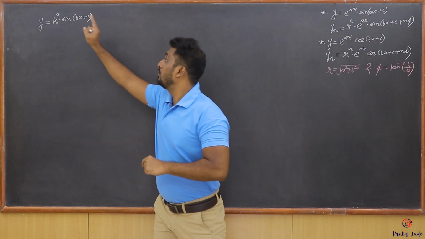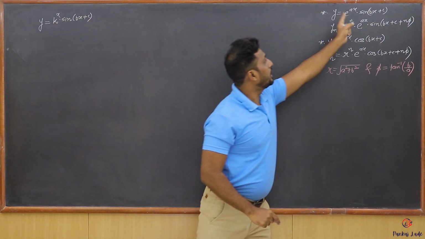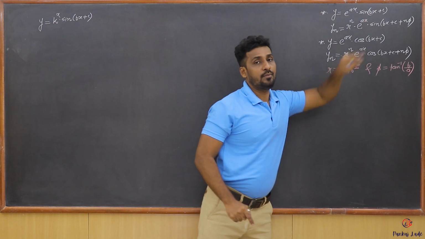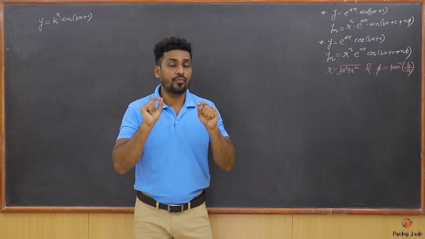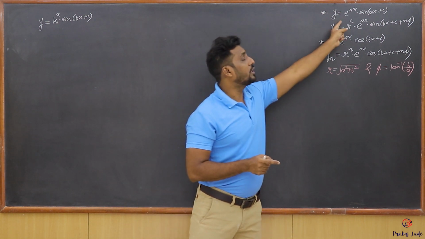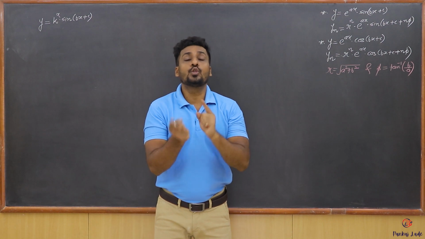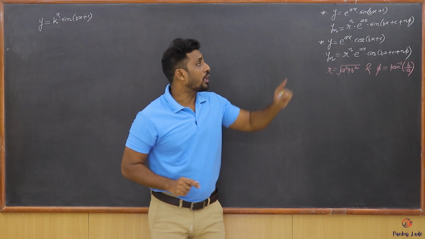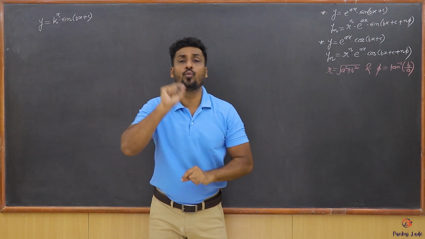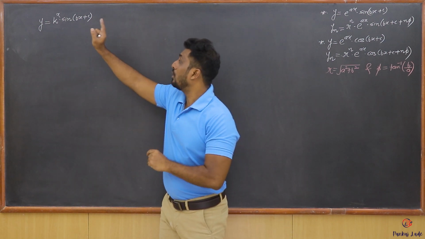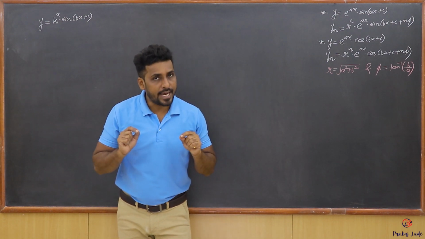Once I transform this function k raised to x into sin bx plus c into this function e raised to ax into sin bx plus c, the derivation will be exactly similar to what we have learned previously for this one. It is going to be exact same. At the end, you will just do some replacements. So whatever derivation you have learned for this one, you have to exactly copy word to word for this function as well. Y is equal to k raised to x into sin bx plus c.